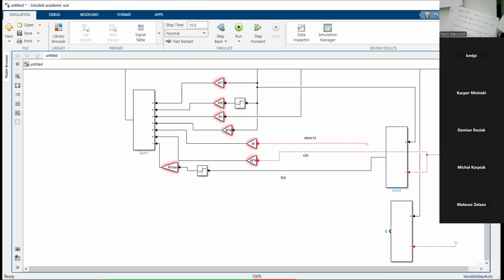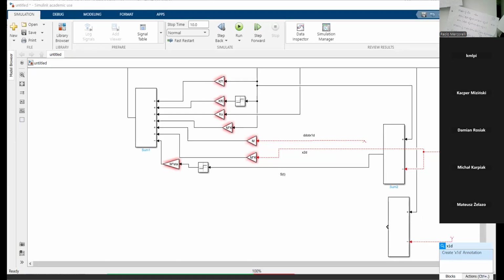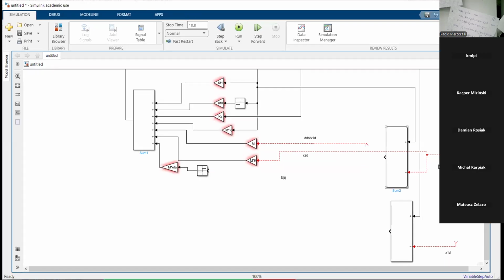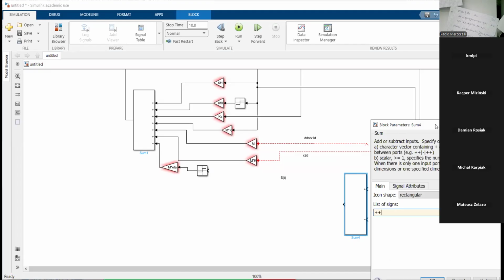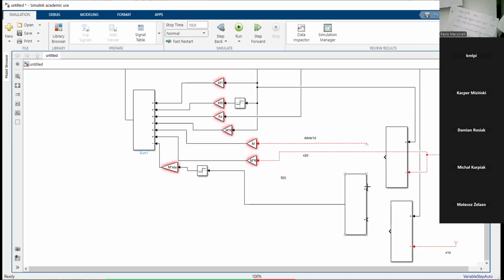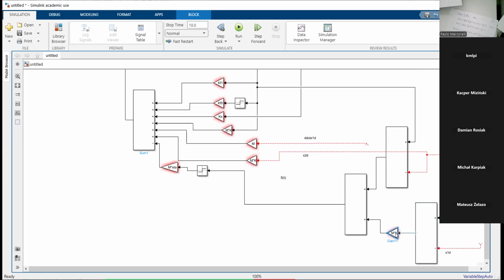It's the first time that we are using x1 desired. Then we need a block plus plus. And here in the middle, we need a k, no?